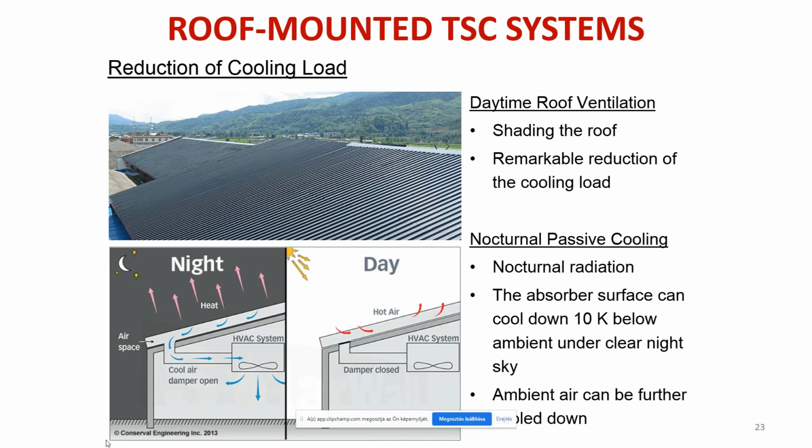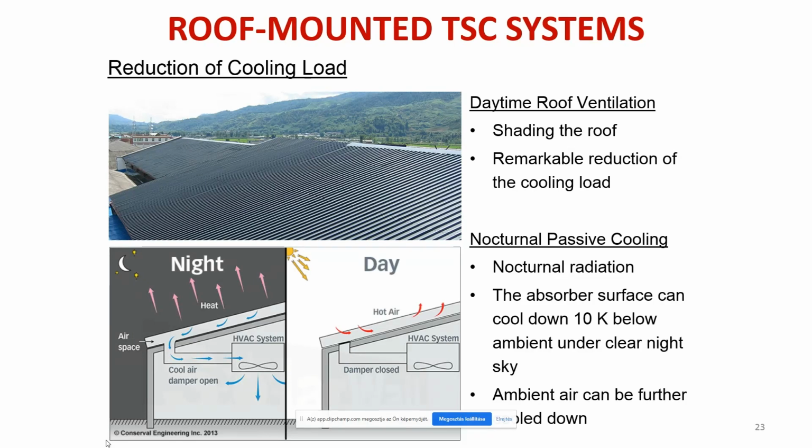Then you leave your solar collector there on the roof of the building, or on the facade, wherever it is, and it creates a natural ventilation inside of the air gap, and it is going to simply decouple the actual building from the absorber, which is hit by solar radiation.